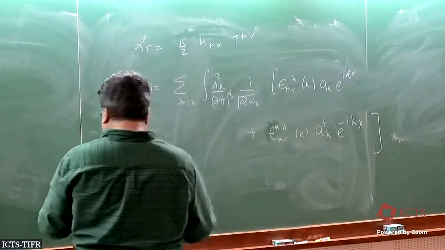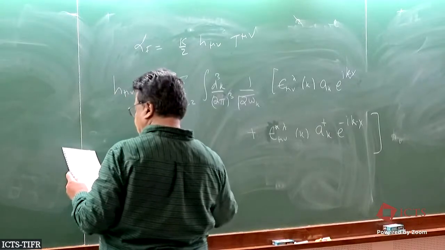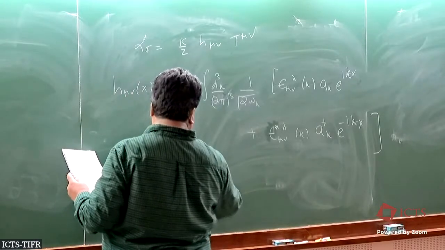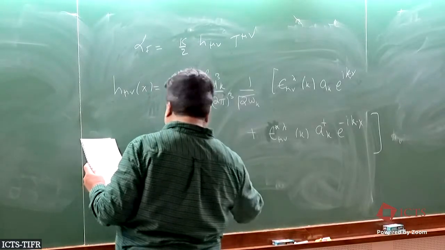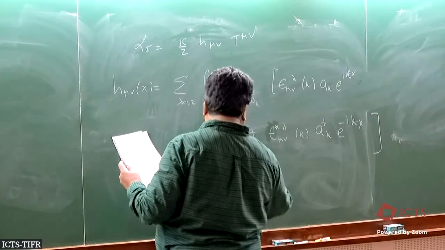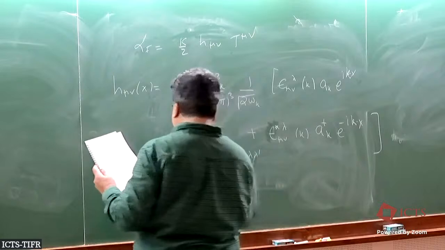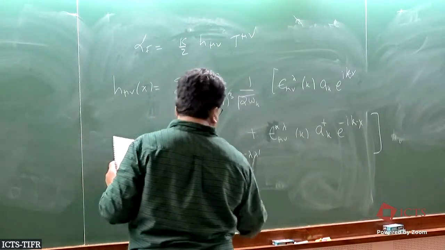So those will be that they are orthogonal. This is K and this is K.